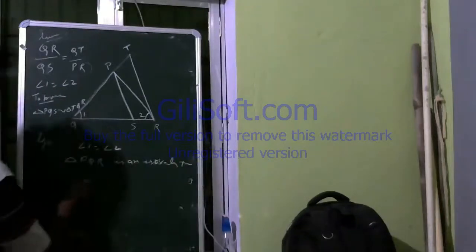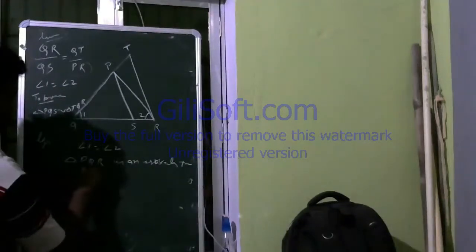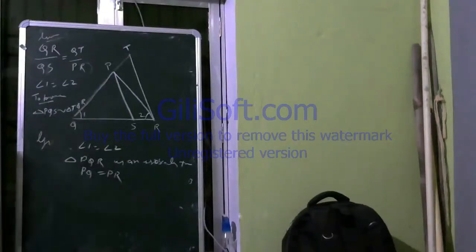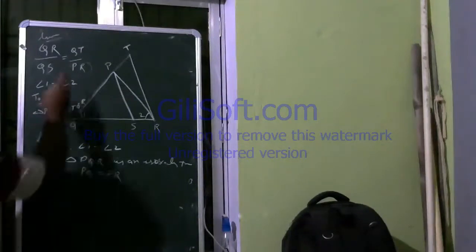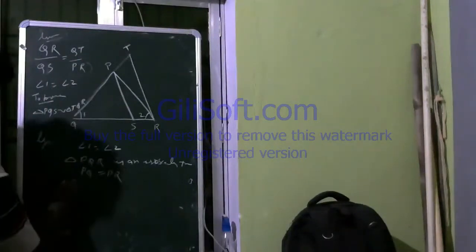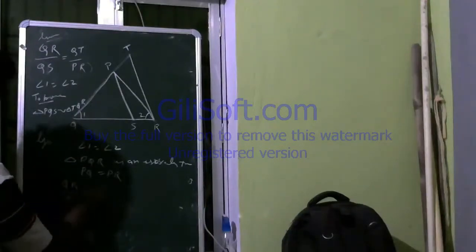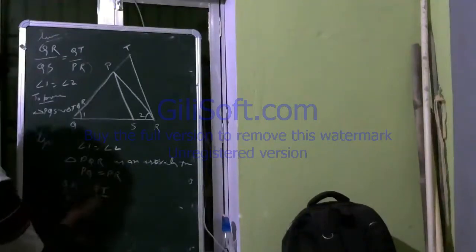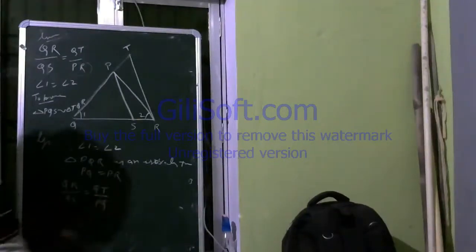If this is an isosceles triangle, then PQ is equal to PR. So from the given equation, we can write QR by QS is equal to QT, and in the place of PR we should write PQ.